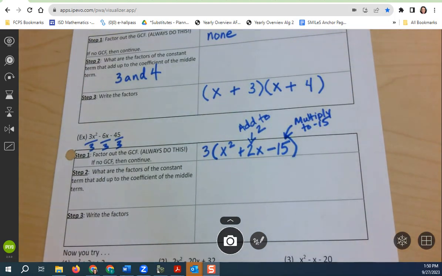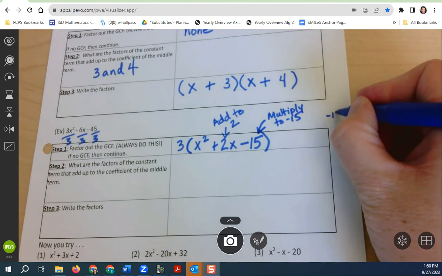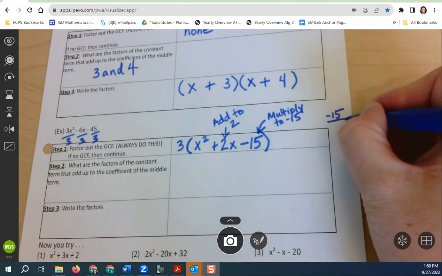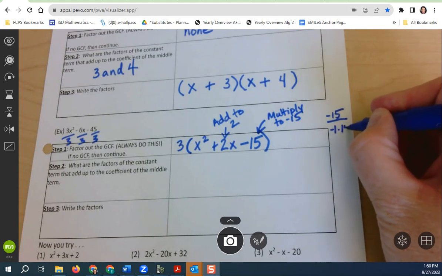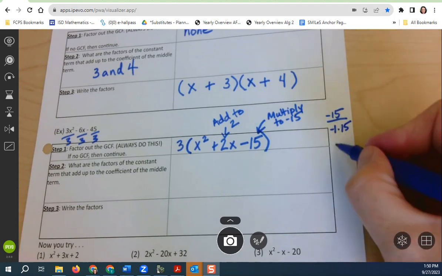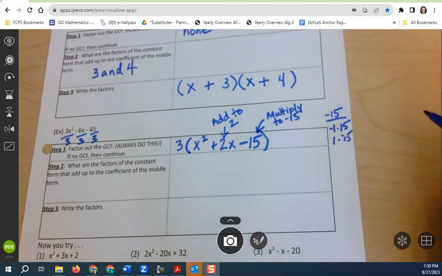If I'm going to multiply to a negative number, is that a negative times a negative? That's a negative and a positive. Right, a negative times a positive. So when I'm thinking of numbers that multiply to make negative 15, I have to consider negative times a positive, or maybe it's the other way around, positive times a negative, right?